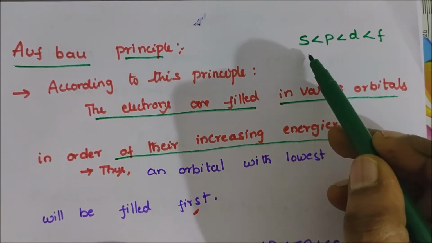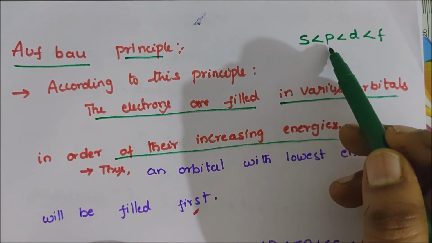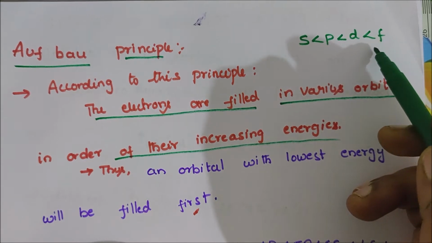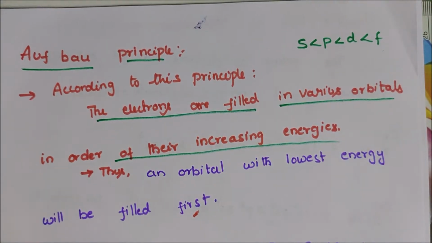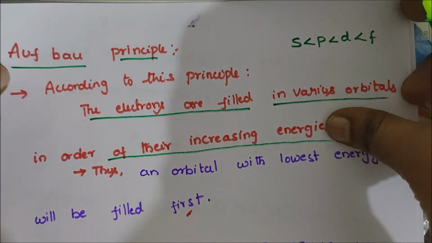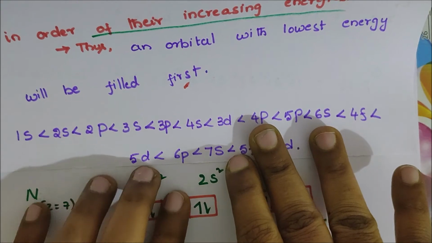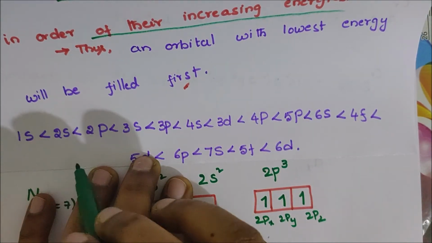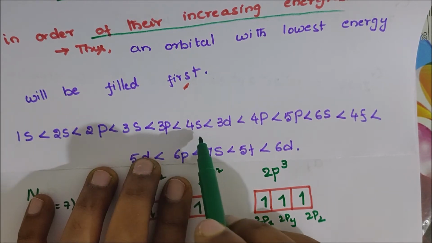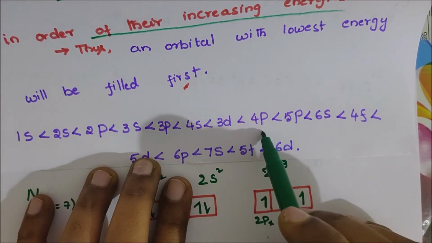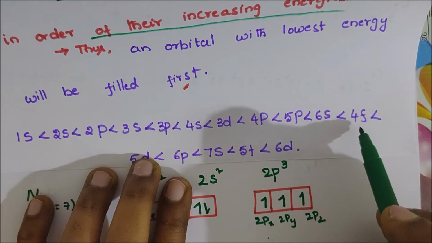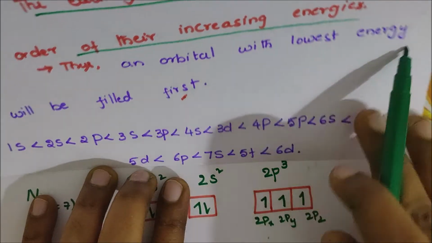That means the s orbital will be filled first, and then the p orbital, next the d orbital, and then the f orbital. The order is like this: 1s less than 2s less than 2p less than 3s less than 3p, 4s less than 3d less than 4p, and so on up to 5p less than 6s, and 4f less than 5d.